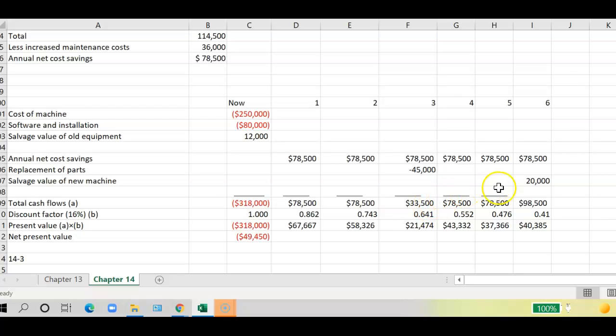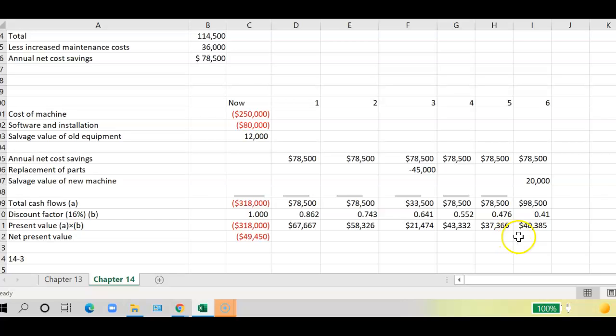In years 4 and 5, the cash inflow is $78,500 for each year, and in year 4 the factor is 0.552, and in year 5 the factor is 0.476. So year 4, the present value of the cash flows is $43,332, and in year 5 it's $37,366.